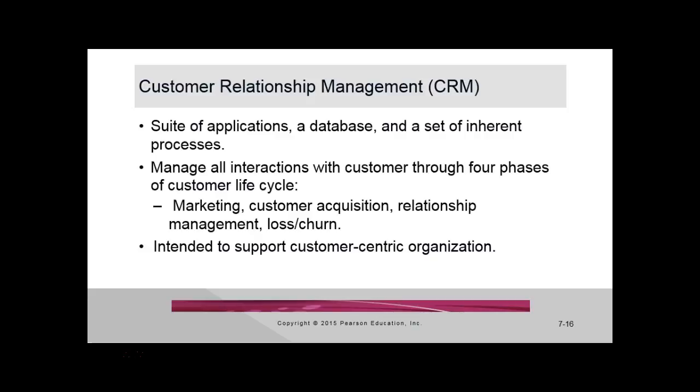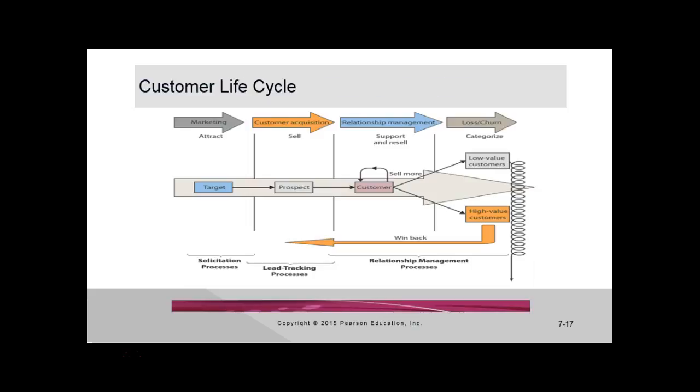So if we think about a customer, every customer in an organization goes through something called a customer life cycle, right? At one point, you weren't a customer. You weren't enrolled in St. Francis University. You were what we would call a lead. You were a target. You were a prospect. So if you think about it, and this is a St. Francis example, admissions goes out, they buy names, they send you email addresses.